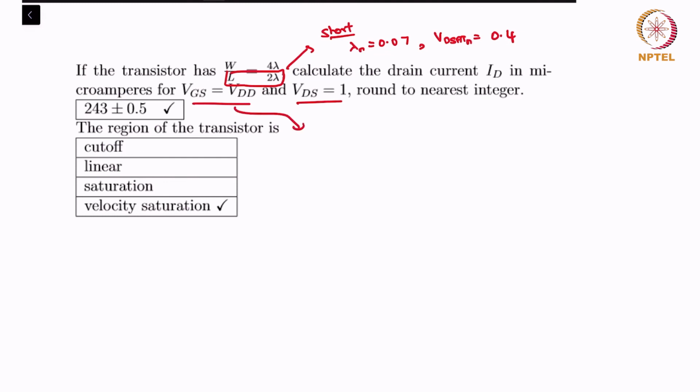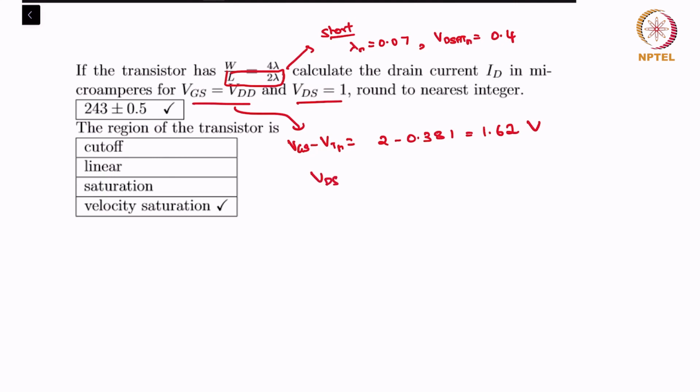So this means that VGS minus VTN is 2 minus 0.381, which is 1.619, which is approximately 1.62 volt.